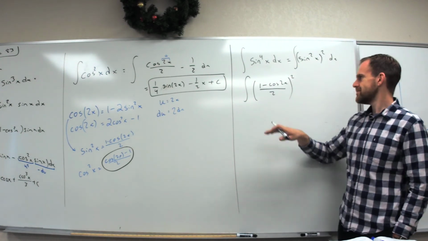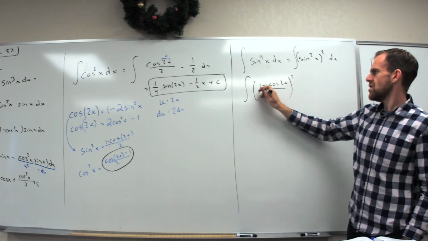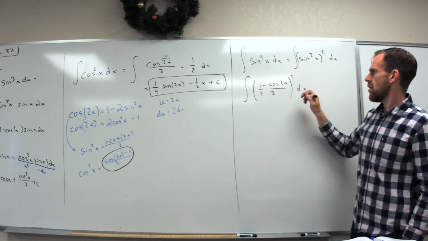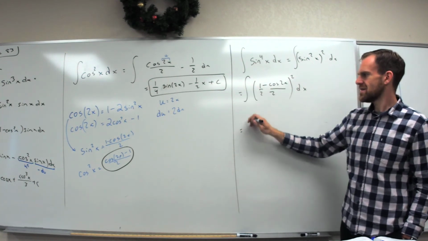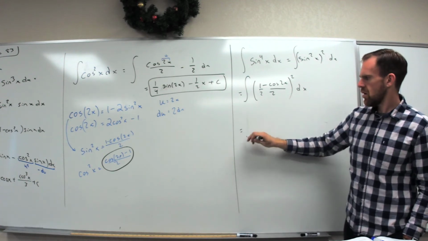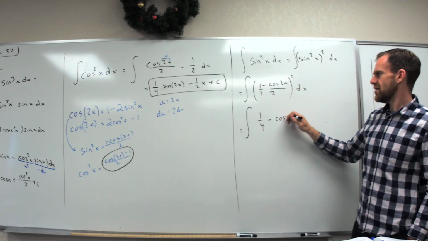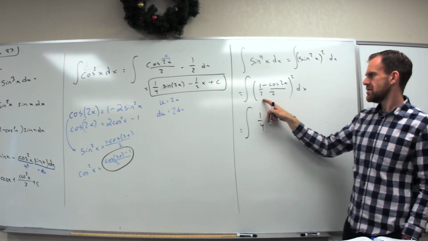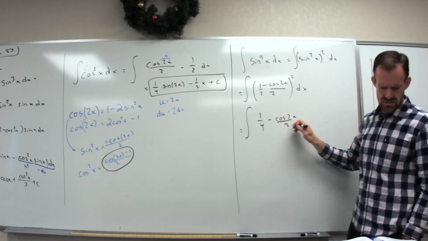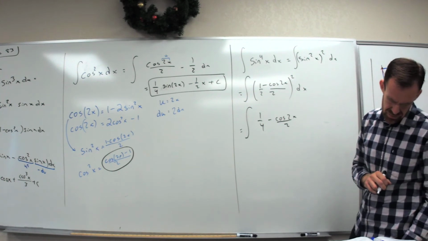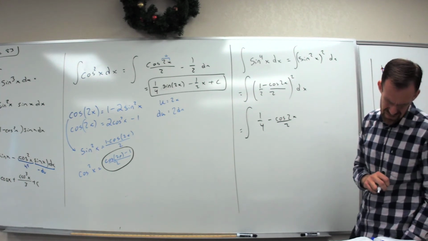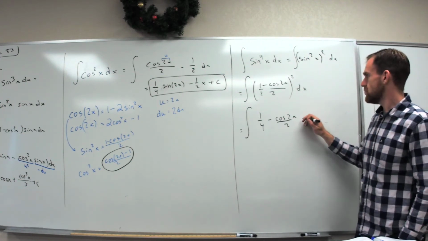Not fun. So I have to square this. What is this going to be? This is going to be 1/4 minus cosine of 2x. Is that right? Yep.